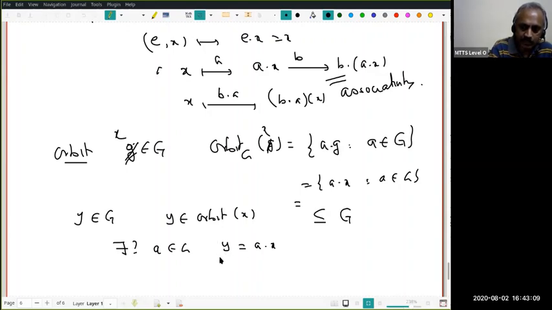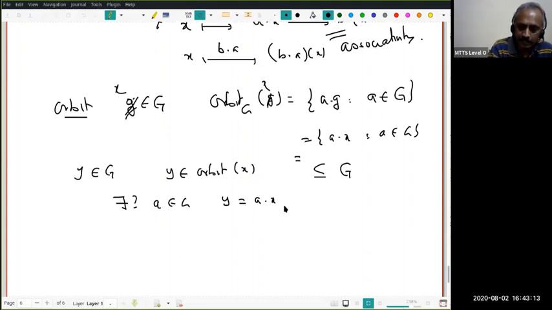Therefore, what do I know? I know that I can find the solution. What is unknown? A. Do I know how to find A? Yes. Simply multiply by x inverse, then I will have A equal to y x inverse.